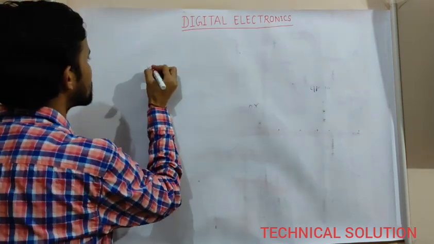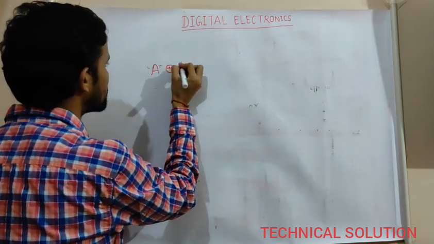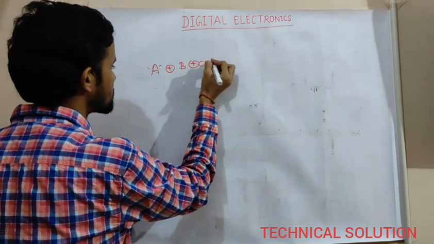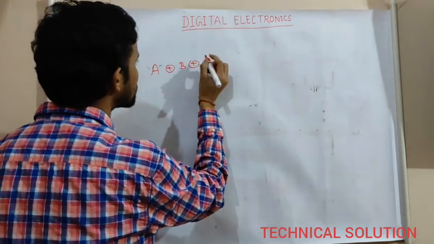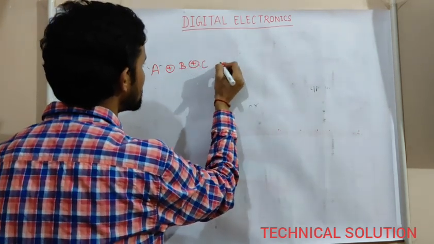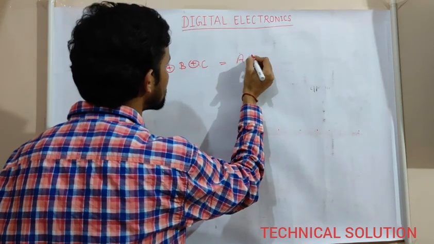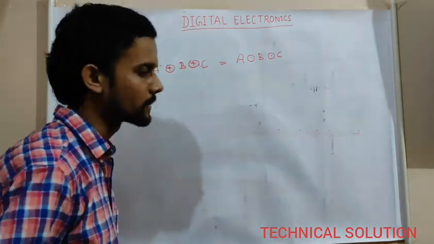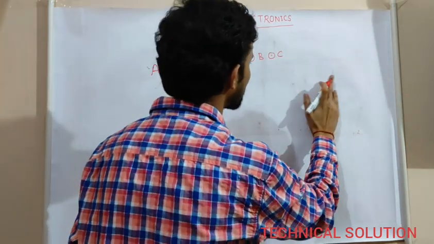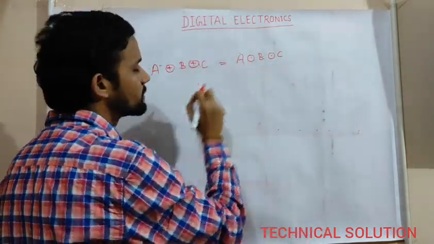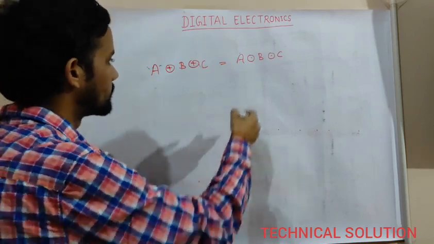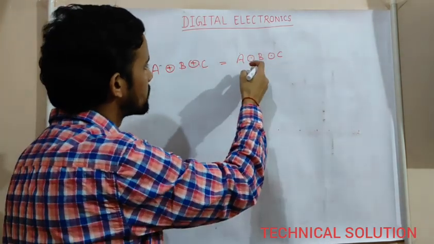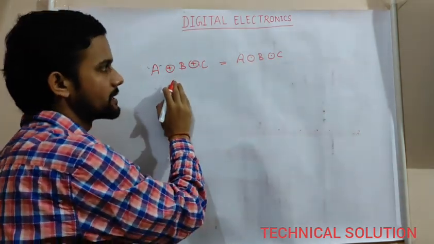That is, A XOR B XOR C is equal to A XNOR B XNOR C. So let us take the right hand side, and from this right hand side we obtain the left hand side.